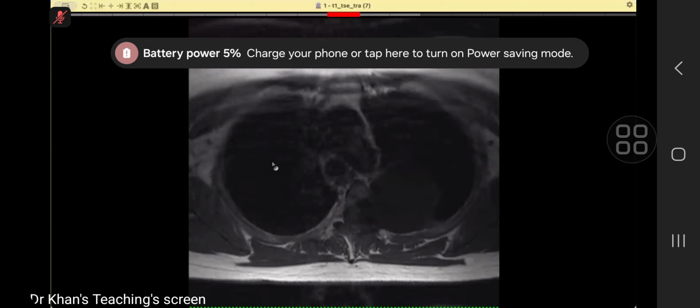What is a pseudomeningocele? It's a cystic expansion of the dural space, an abnormal collection of the CSF through a defect in the dura. And why does that happen?